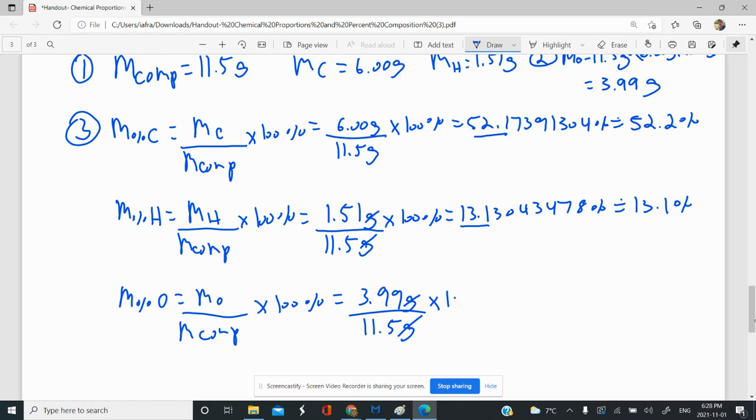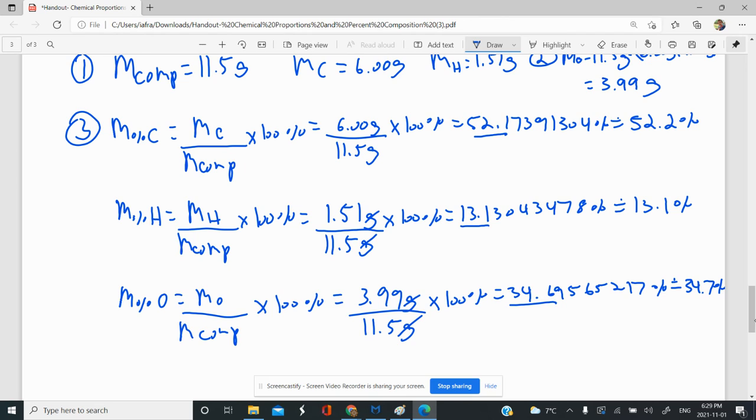Cancel out the grams, times 100%. And we get 3.99 divided by 11.5 times 100, 34.69565217%, or approximately, to 3 sig figs, 34.7%.